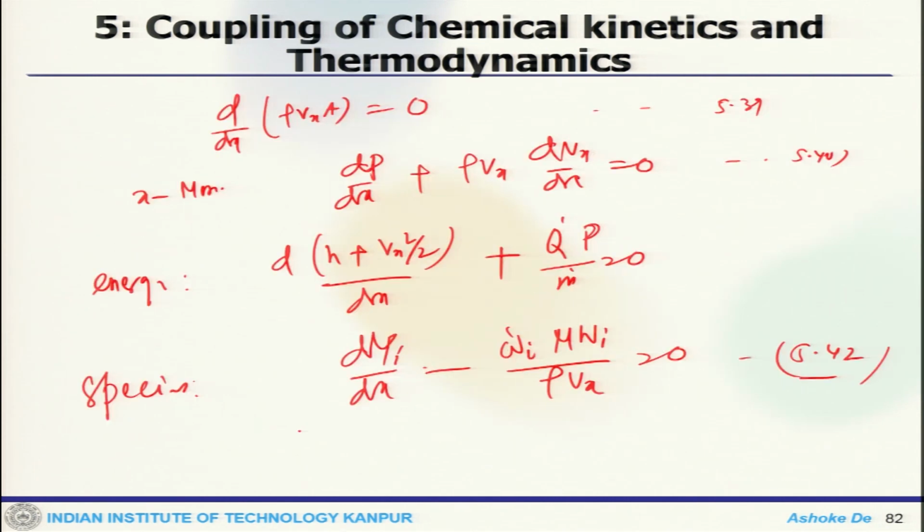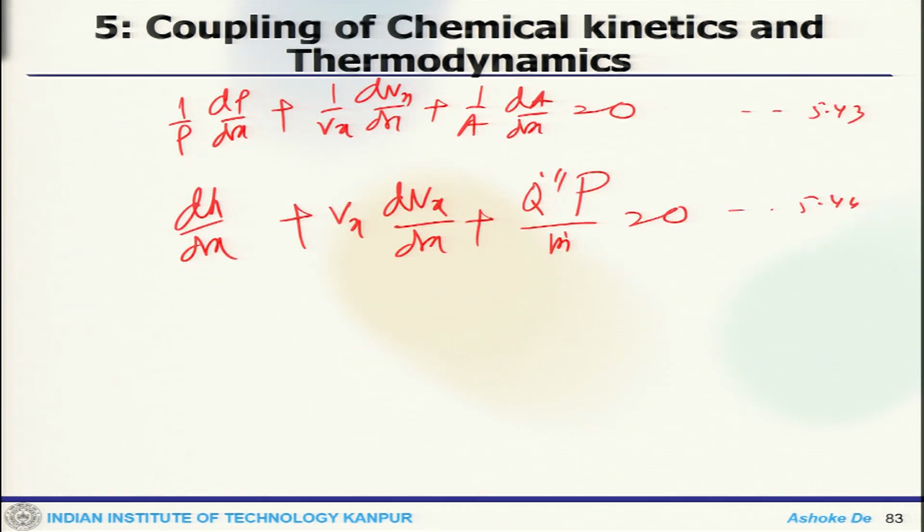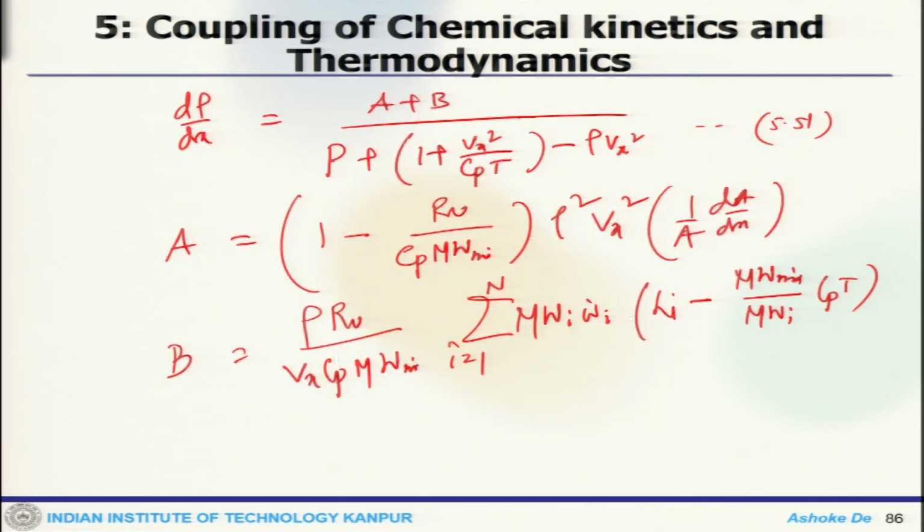Using this concept we started this set of equations, and finally we derived and stopped here, where you get dp dx in terms of some coefficients a and b, and the other parameters like axial velocity, thermodynamic parameters, temperature, Cp, where a and b are represented like this.